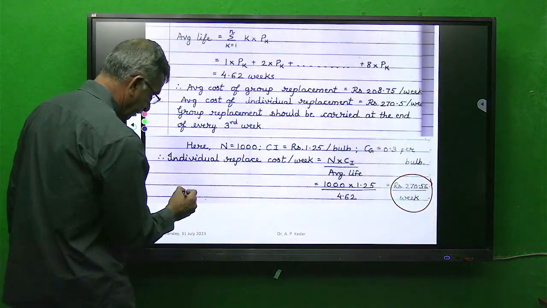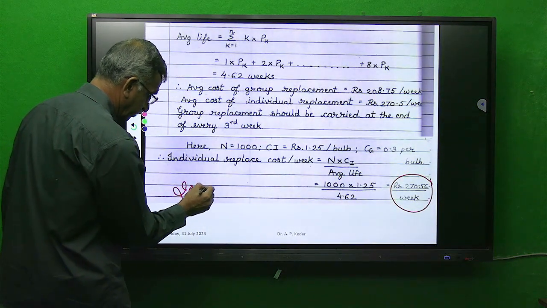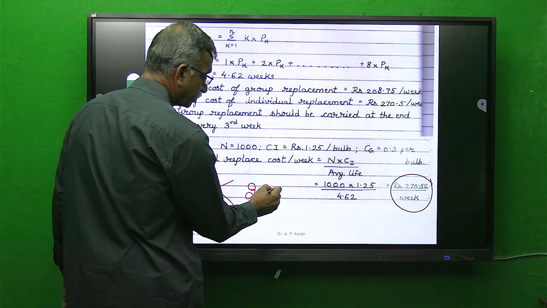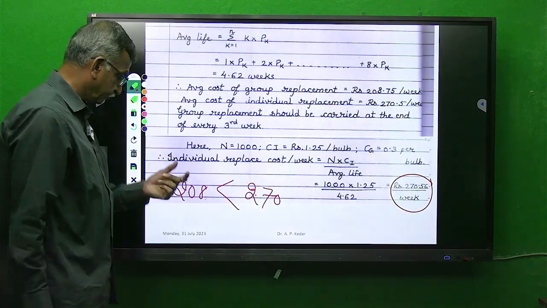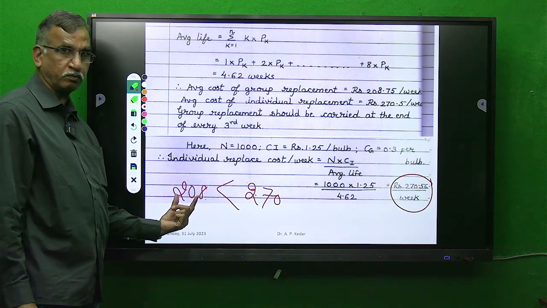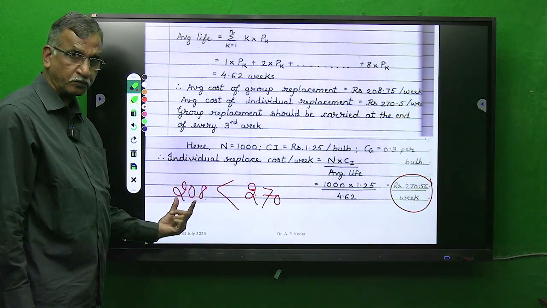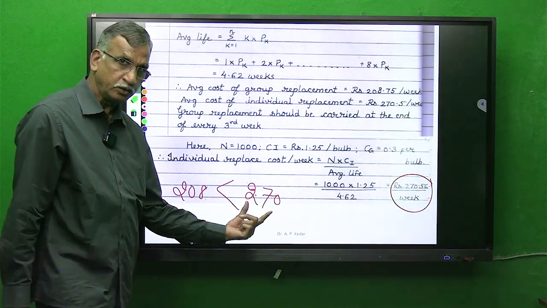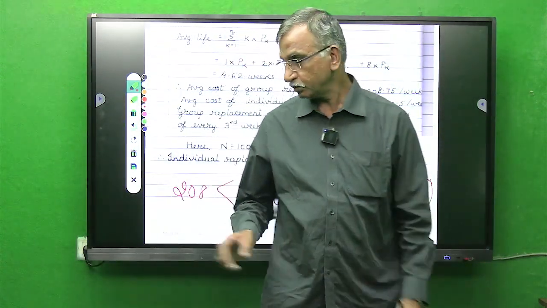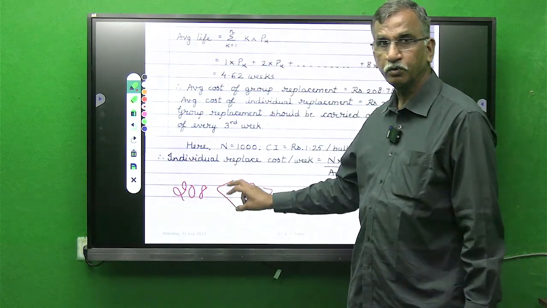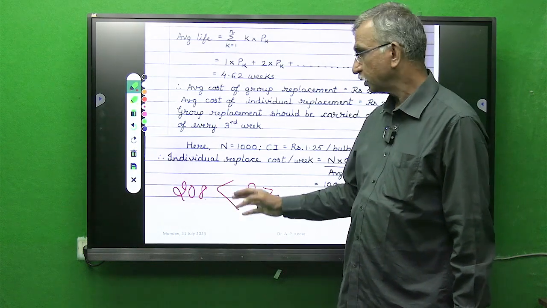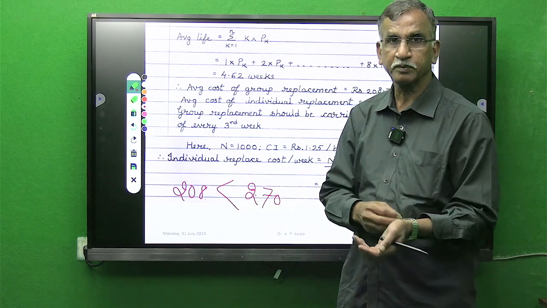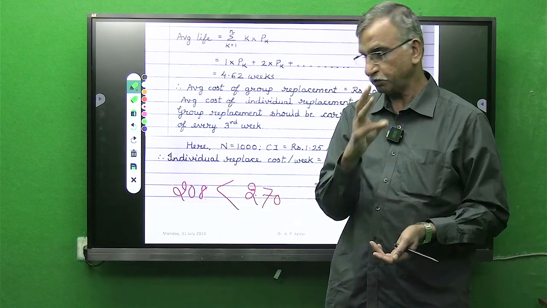So if you compare, 208 is less than 270. This 208 was the cost of group replacement per week, and this is the cost of individual replacement per week. Now the answer will be to go for group replacement. The other question was, what is the period of group replacement? At the end of every 3 weeks.